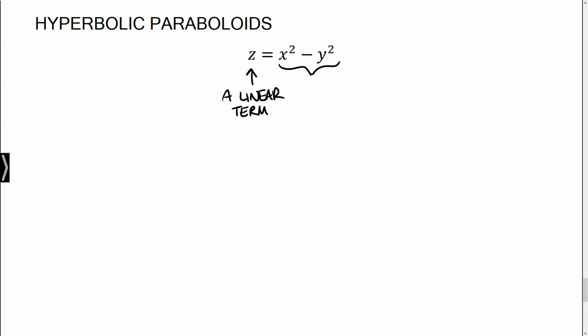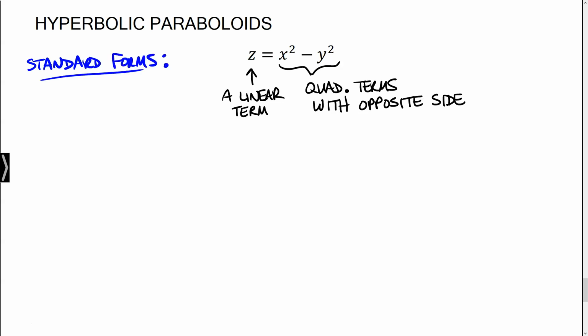So you don't need to look at the sign of the linear term. What you want to look at is whether the quadratic terms have opposite signs. If you have a linear term on one side and quadratic terms with opposite sign on the other side, then you've got a hyperbolic paraboloid.